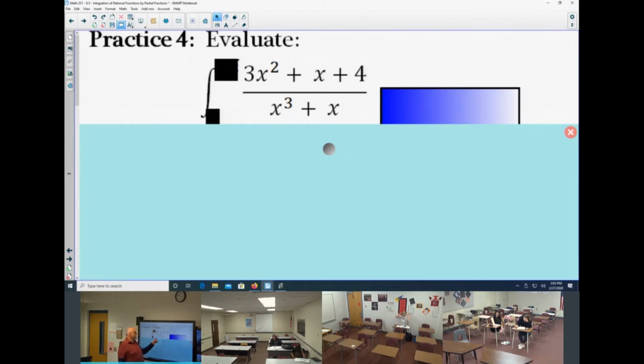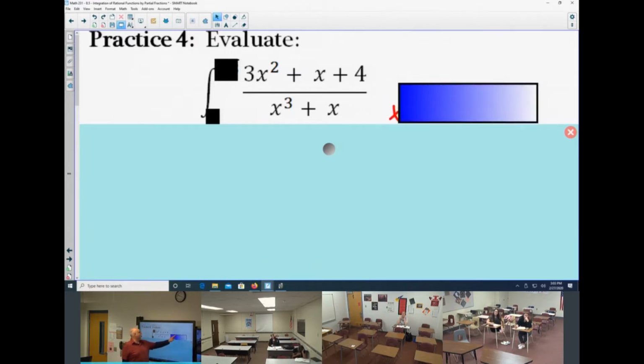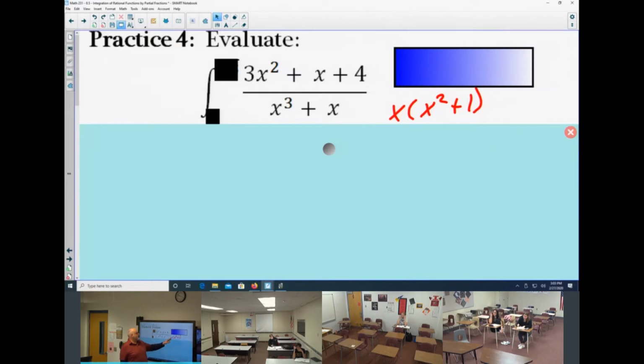No, because see, your GCF is just x. So when you factor out an x, you're left with x squared plus 1. And see, x squared plus 1 doesn't break down any further because it's the sum of two perfect squares. If you had a minus in there, it would factor to conjugates.